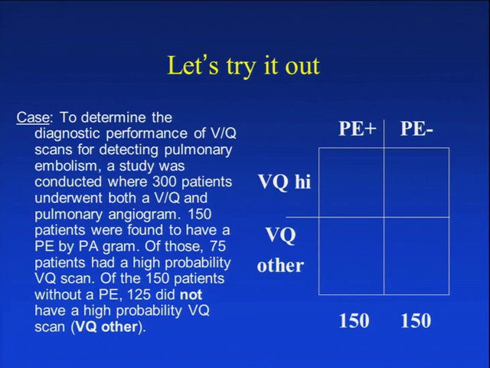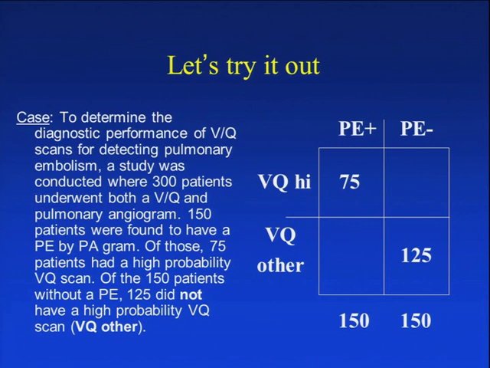You also were told that 75 of these patients had a high probability VQ scan. You were also told that 125 of these patients who didn't have the disease had an other result on the VQ scan. So those form your true positives and your true negatives. That's where the test and the gold standard agree.